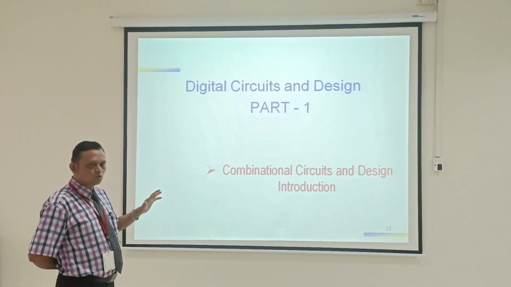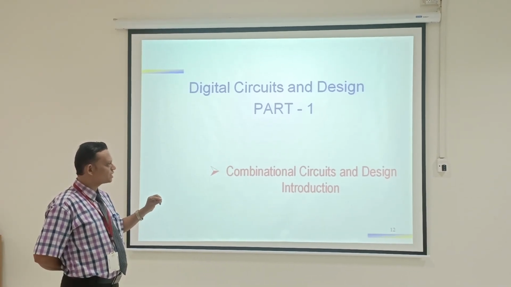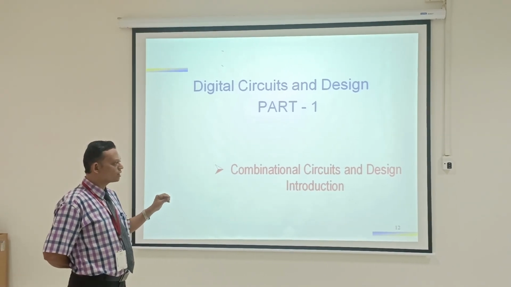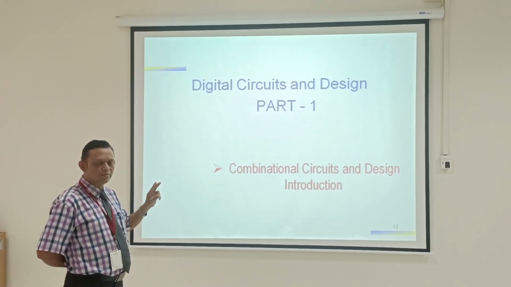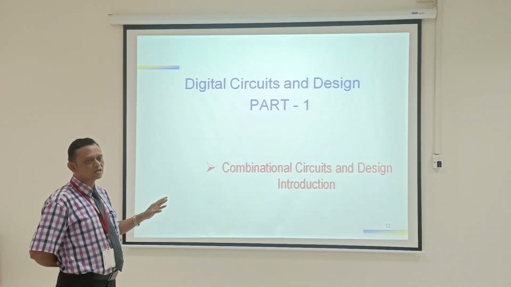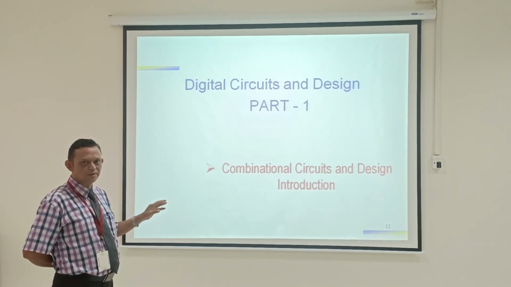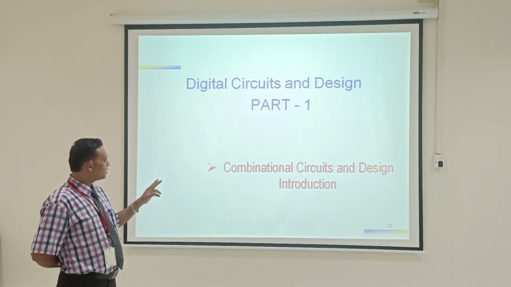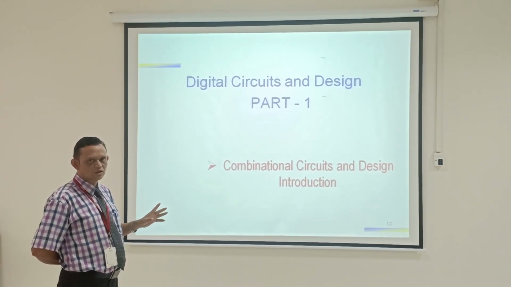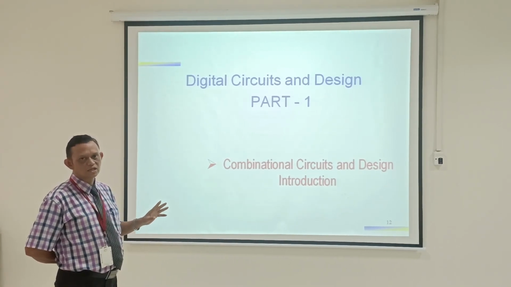To do that, certain necessary diagrams and circuits are needed. There are two major types of circuits available in digital logic circuits. With those digital logic circuits only, the microprocessor design has been done. The two types of design aspects are combinational circuit design and sequential circuit design.